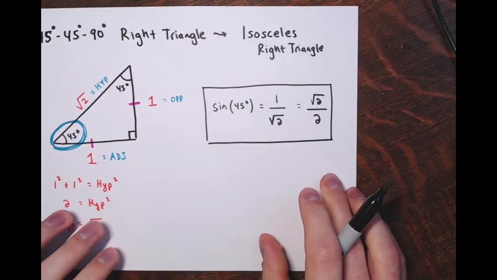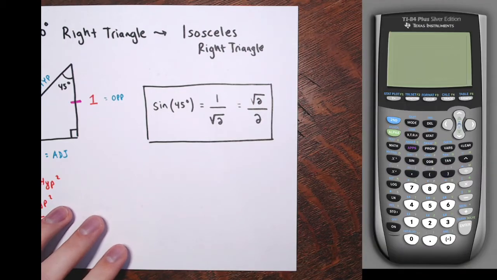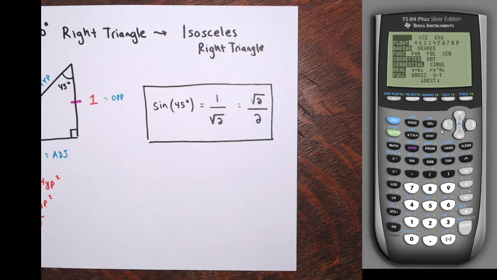All right, and just to make it a little more believable, I'm going to pull the calculator up. Let's turn this on here. Make sure I'm in degree mode if I'm doing degrees. So get back to the main screen here, and what's the sine of a 45-degree angle?